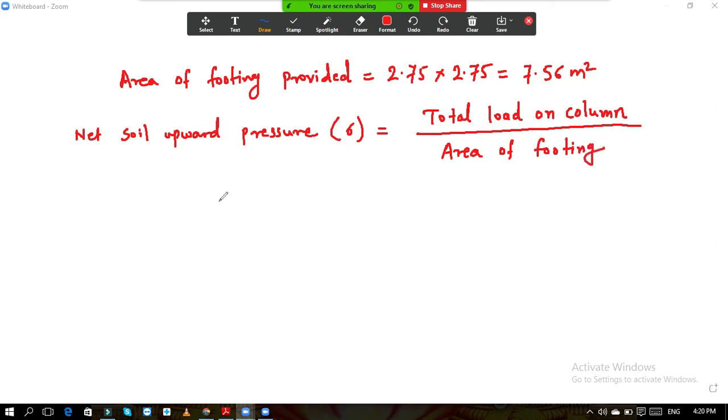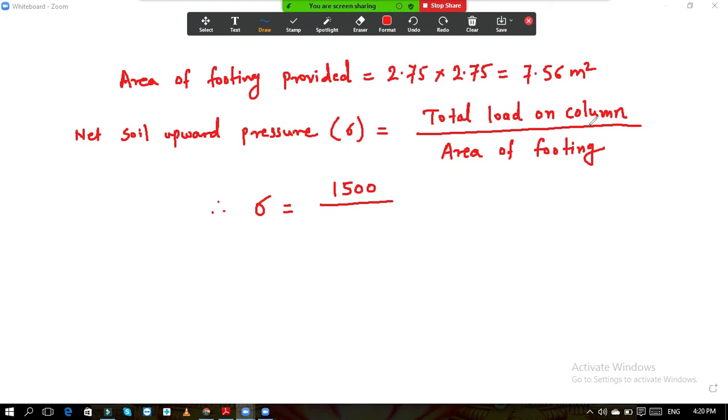So this sigma is equal to total load on column. What was the total load on column? It is 1650, which consists of load on column, 1500, plus self weight of the footing, which we have assumed as 10%. Now for the pressure intensity, the formula is load on column divided by area of footing.